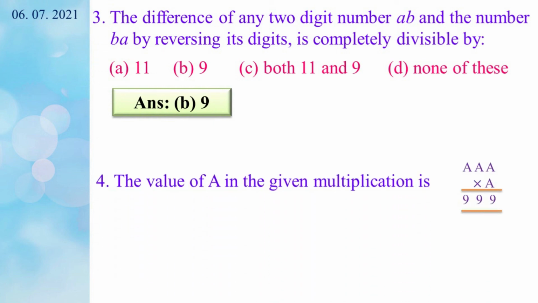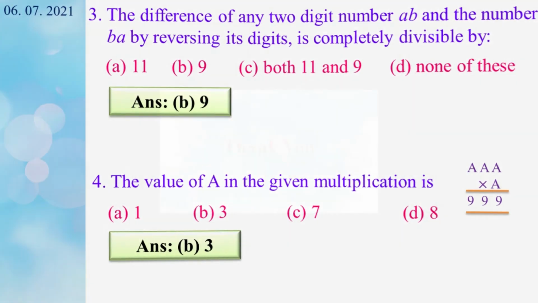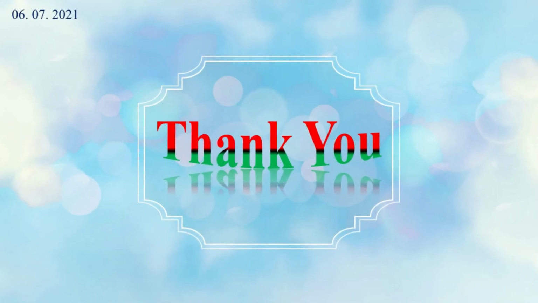Next question, the value of A in the given multiplication A into A, the answer 999. Here option A 1, option B 3, option C 7, option D 8. 3 into 3 is 9. So the correct answer is option B, 3. Thank you students.